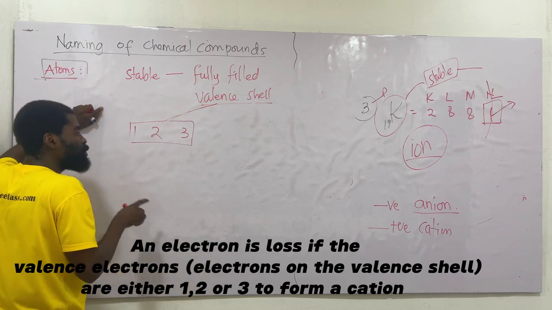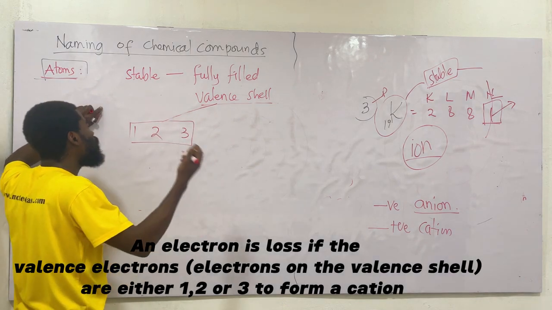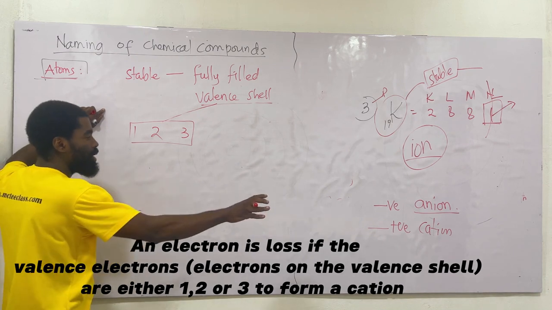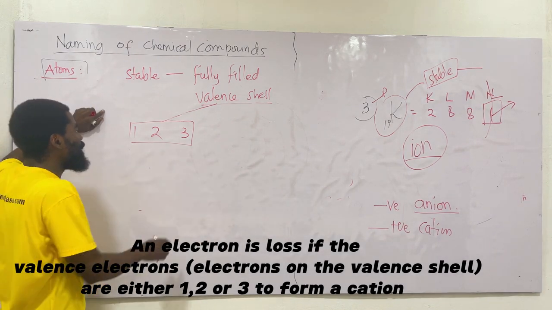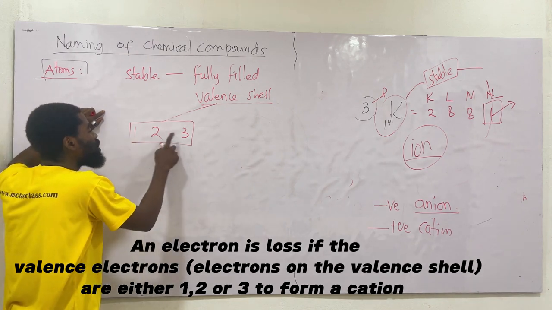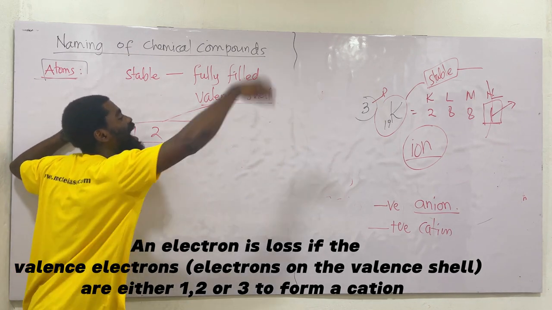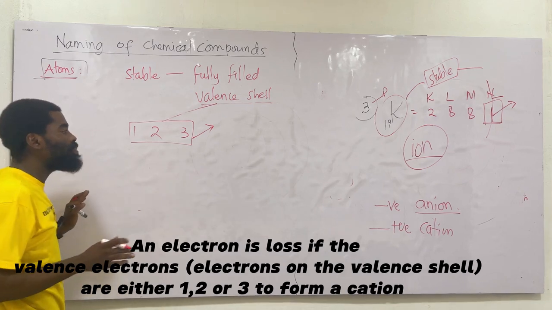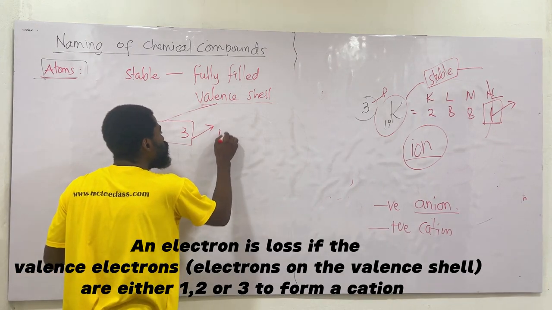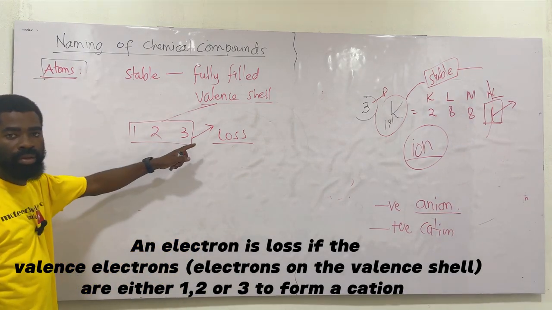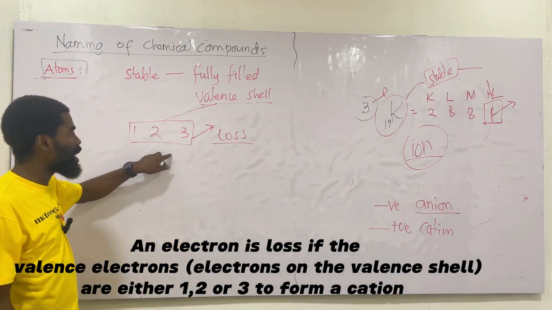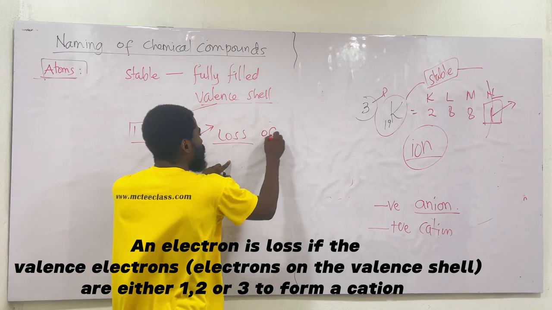Under what circumstance do I give an electron, and under what circumstance do I receive one? If you are 1, 2, or 3, you are going to give out and be stable. So these guys will lose electrons. There's loss of electrons here.